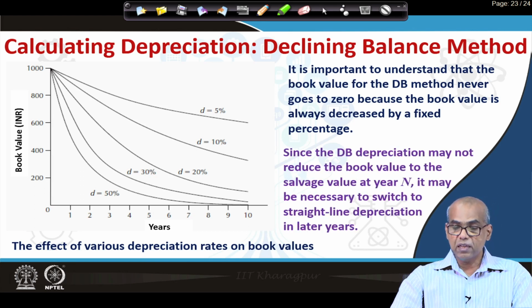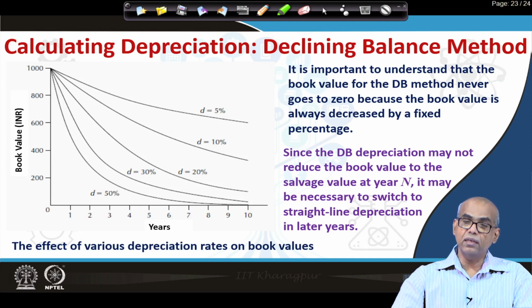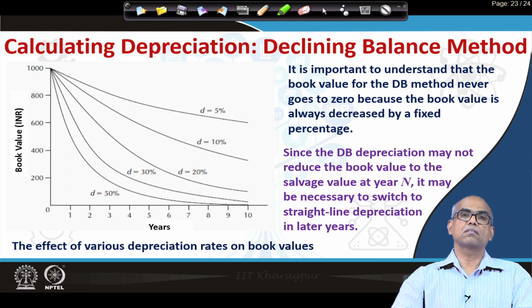Since the declining balance depreciation may not reduce the book value to the salvage value at the end of the recovery period, it may be necessary to switch to straight line depreciation in later years. Otherwise, what will happen is your book value at the end of n years may be less or more than the salvage value.